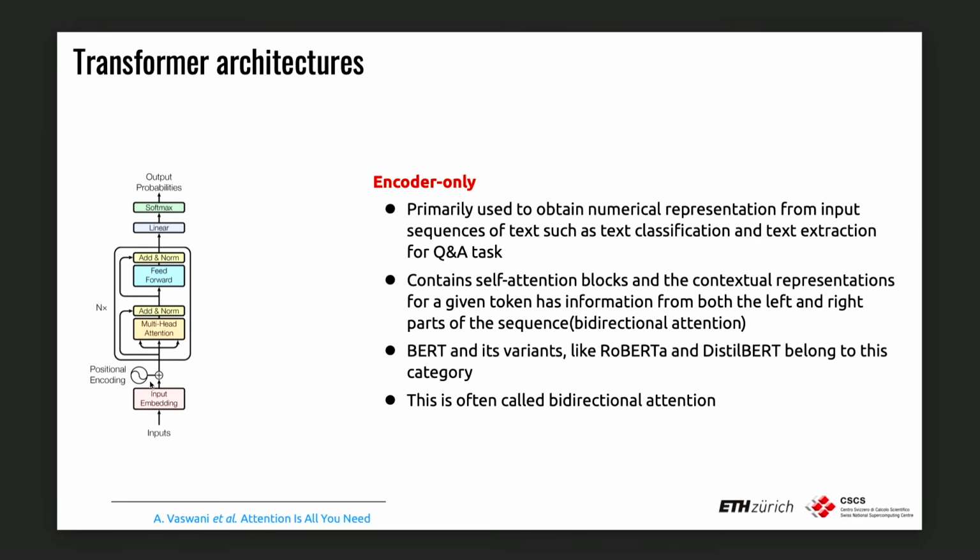That could be a classification of text, like giving a review and saying this is 1, 2, 3, 4, 5 stars, or sentiment classification, sad, angry, whatever. And the question answering that we're going to explain later at large extent.